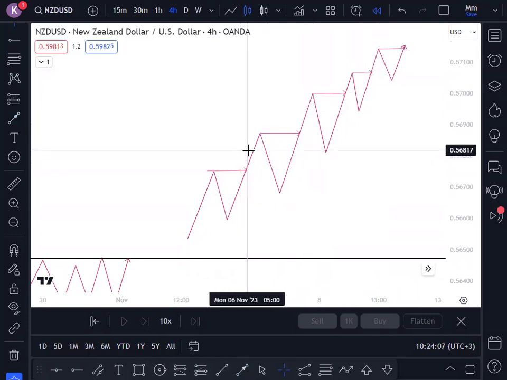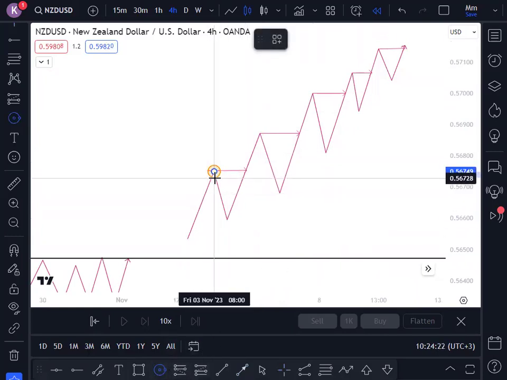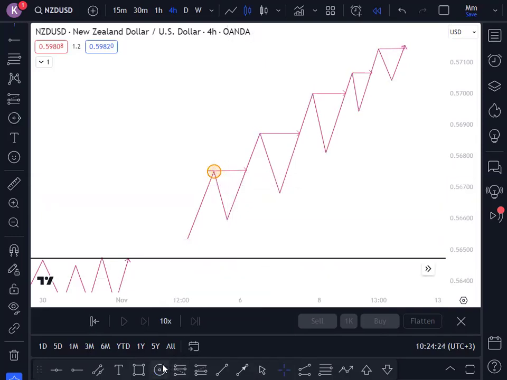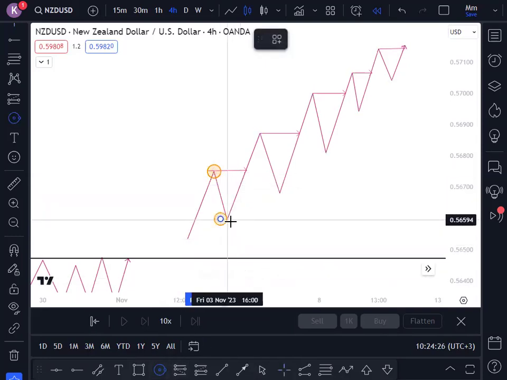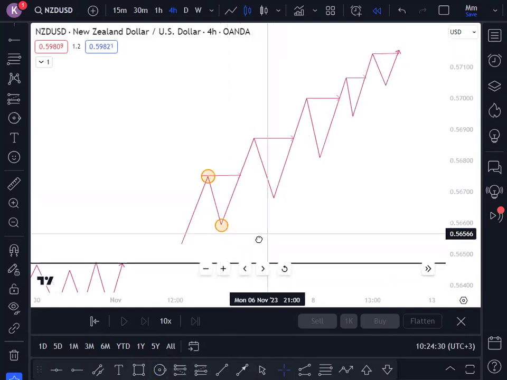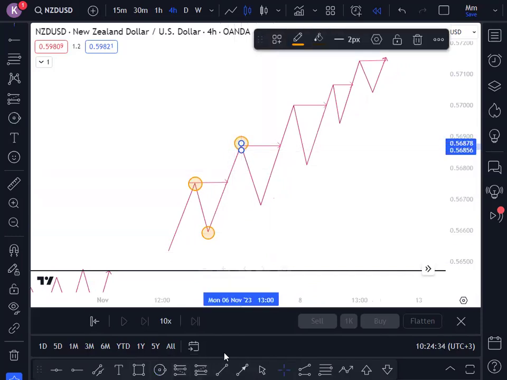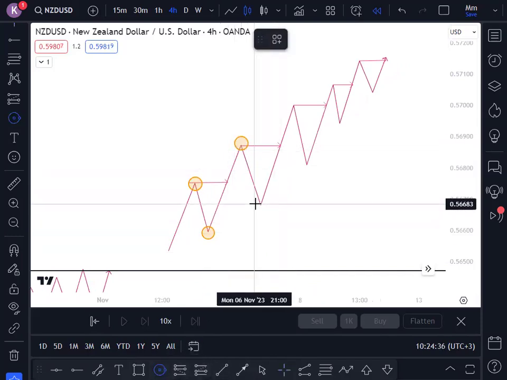So whenever you are using your support and resistance key levels, on this uptrend here, the resistance is located at this point where the market has made its high, and then our support is located at this low point where the market has made its low. So this is the resistance here, and then our support here.